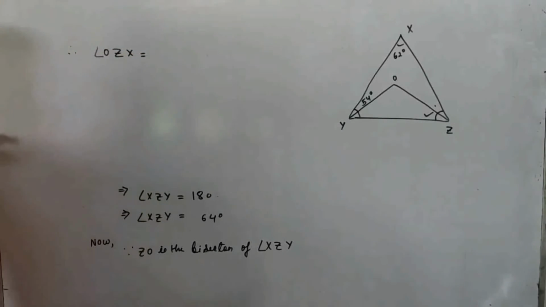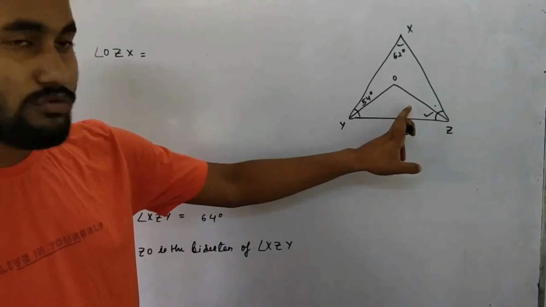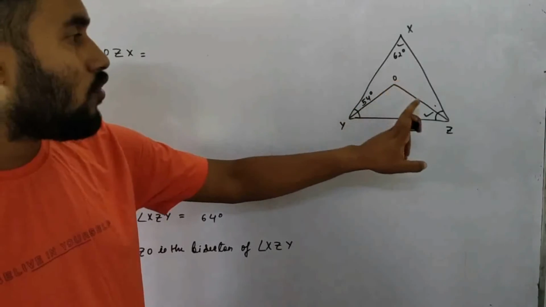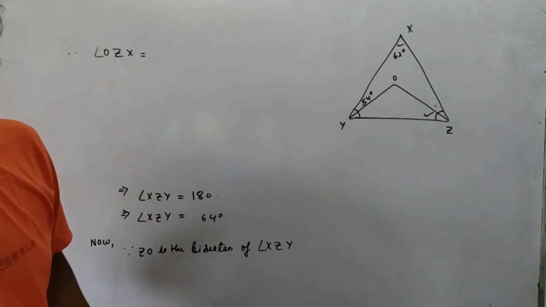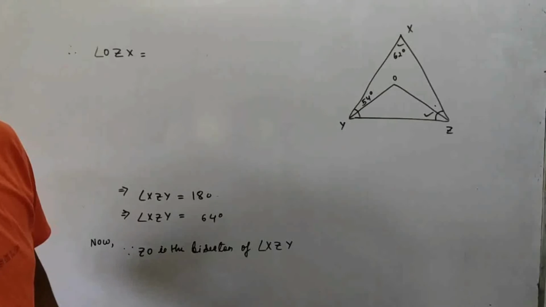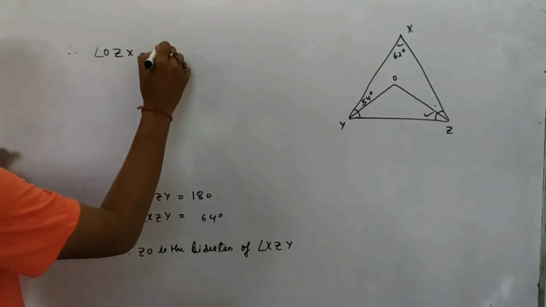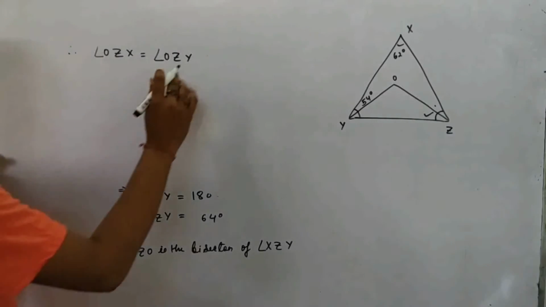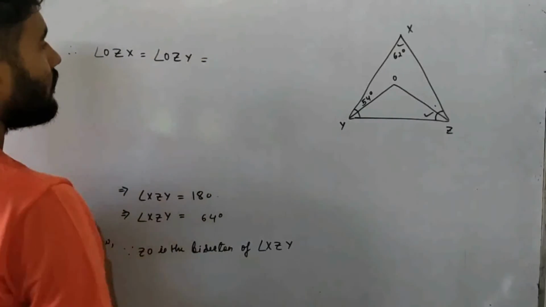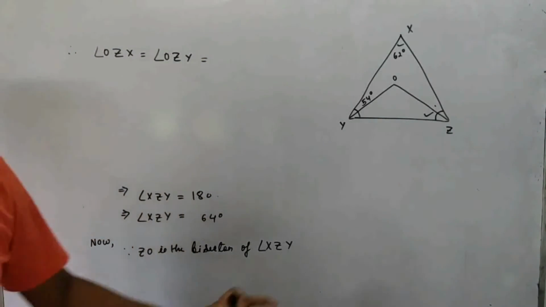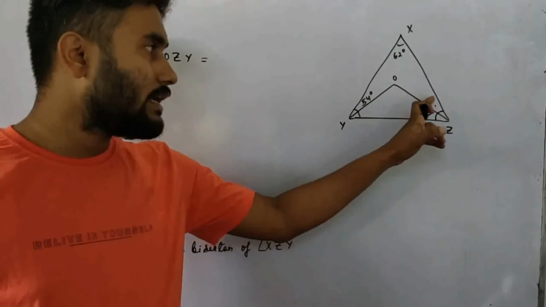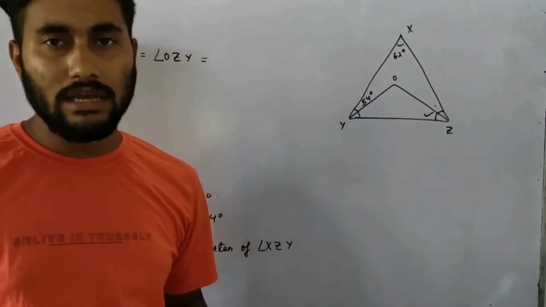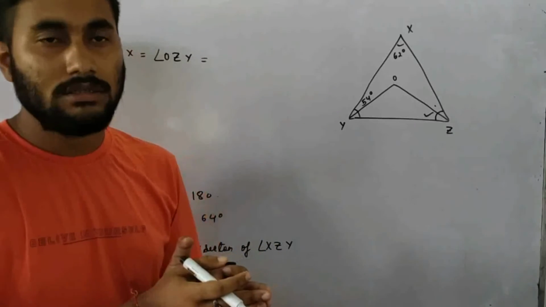will be equal to this lower angle. What is its name, this angle which we have to find? Angle OZY, isn't it? What is given in the book? Yes, OZY only, okay? So angle OZY will be equal to what? We know that this angle and this angle is half of this complete angle. Divided in two parts, isn't it?